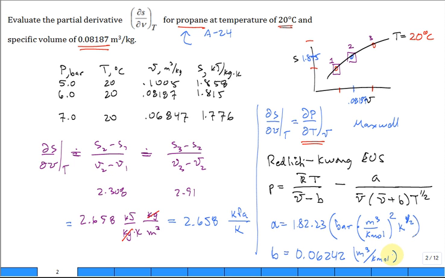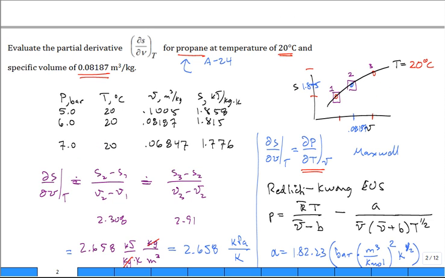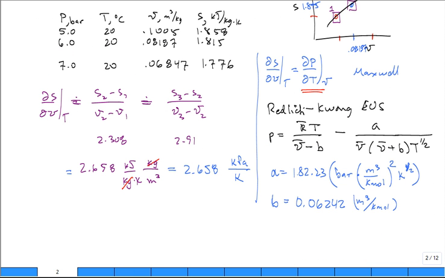All right. So what do we do here is you take this equation and you see if you can't analytically calculate the derivative of pressure with respect to temperature holding specific volume constant. So just take a look at the Redlich-Kwong equation and calculate that derivative. So you get R bar divided by V bar minus B, true, for the first part. And then what about the second part?